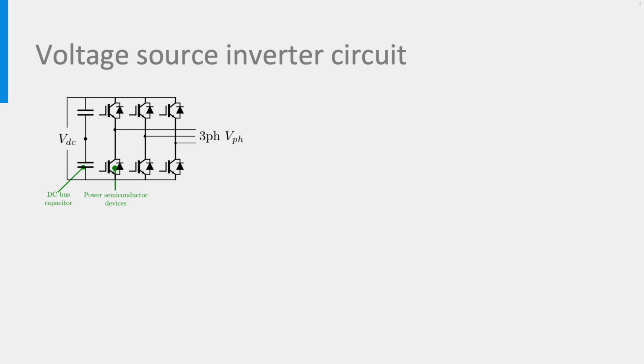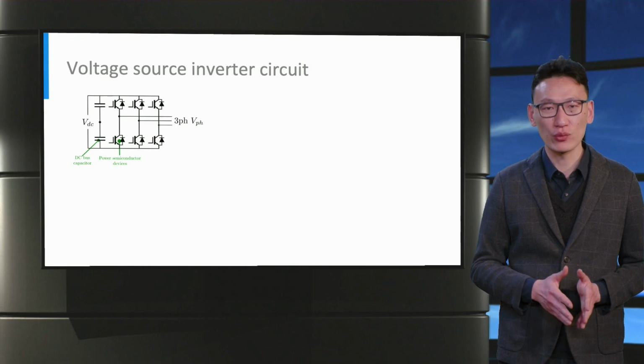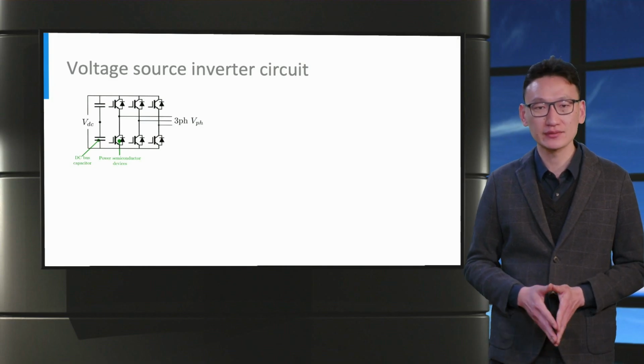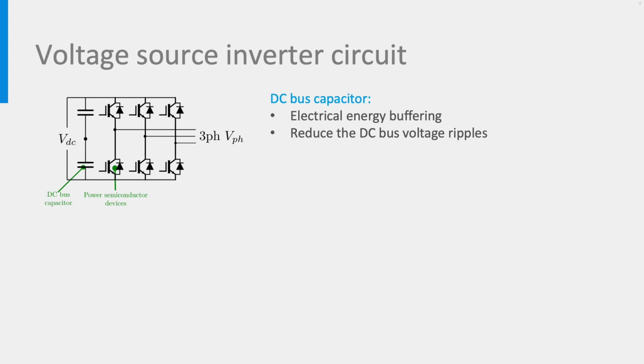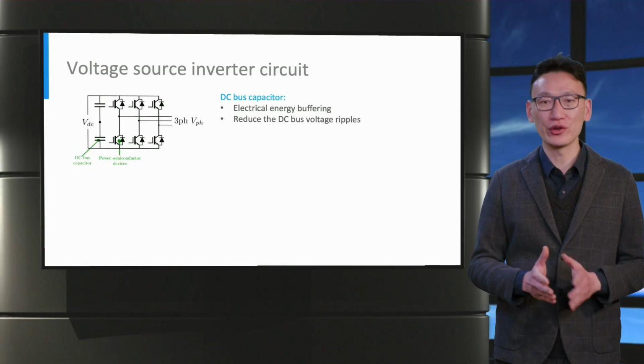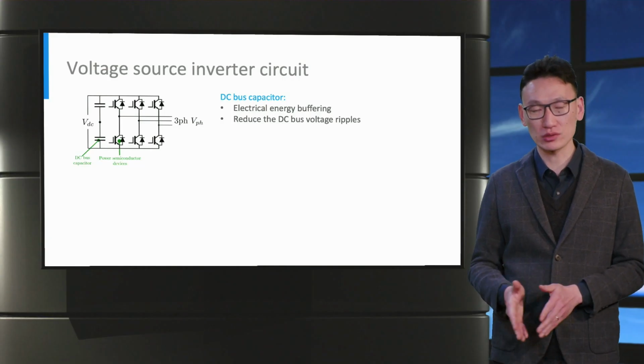The circuit consists of two main components, a DC bus capacitor bank and power semiconductor devices, the function of which will be discussed presently. The DC bus capacitor bank operates as an electrical energy buffer and is used to stabilize the DC bus voltage so that sudden changes in the load will not cause large voltage ripples.